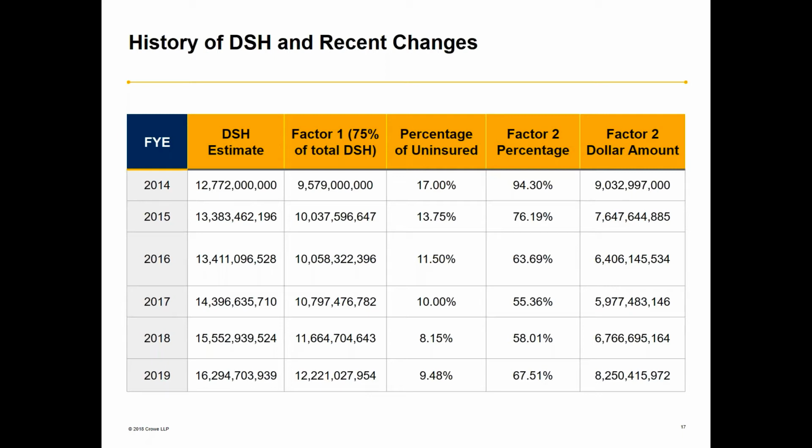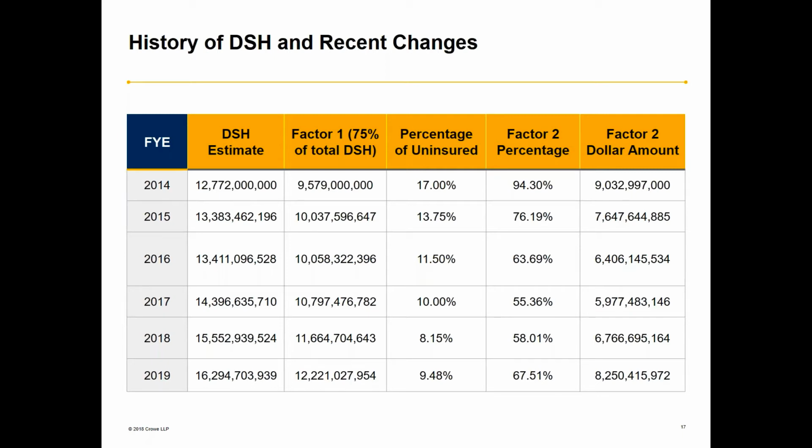That would be the amount that would have been paid to DSH hospitals with no changes in the calculation. You can see from 2014 at 12 billion, and then 2019 16 billion that would have been paid to hospitals if nothing had changed in this calculation.